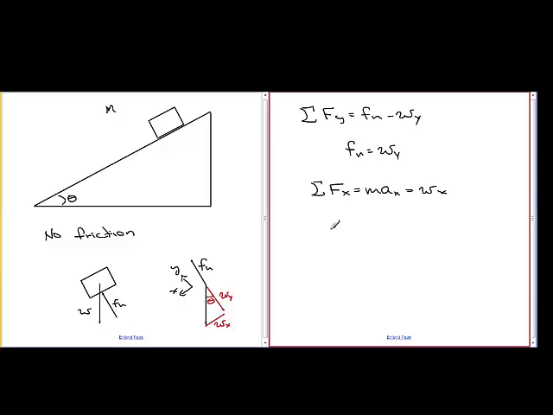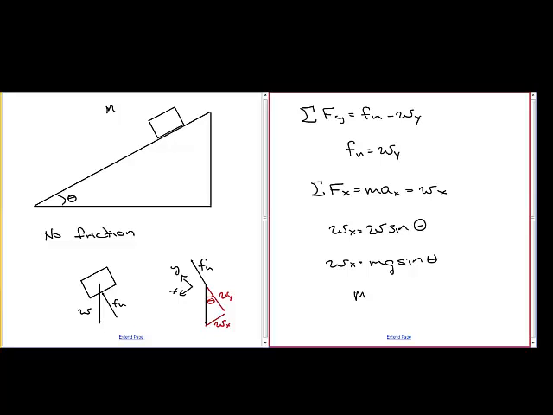Now from geometry, we can see that the x component of the weight is equal to the weight times the opposite side from the angle, which is the sine. So it's the sine that we use. And we also know that the weight is equal to the mass times the acceleration due to gravity. So you see that the x component is mass times acceleration due to gravity times sine of theta.